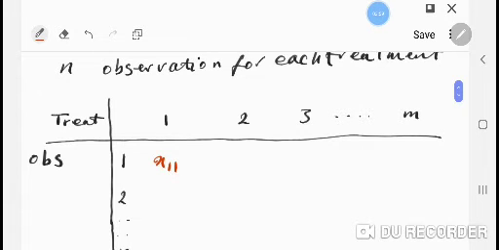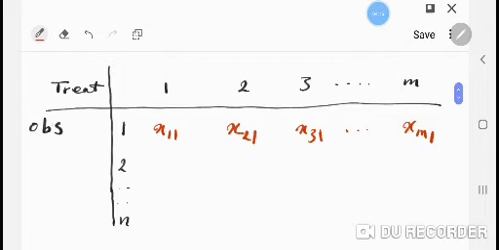Observation 1 in treatment 2 is called x21 and so on, xm1. Observation number 2 in treatment 1 is called x12, x22, x32, and xm2.